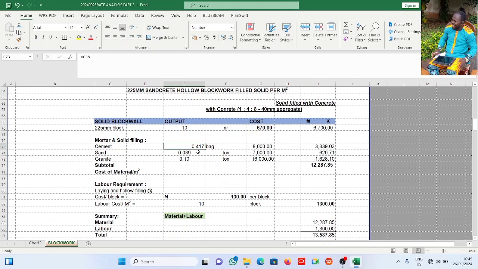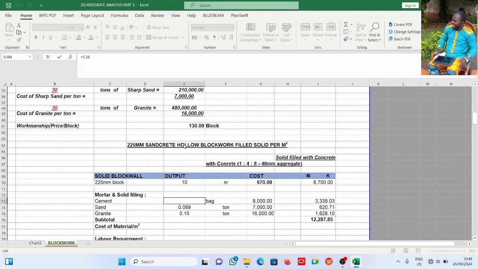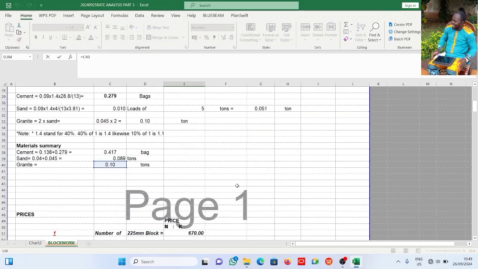We already have the 0.417 bag of cement at 8,000 per bag. We arrive at this. The same thing, this ton of sand at 7,000. We have this ton of quartz aggregate at 16,000. We have this, and this is what we have here.